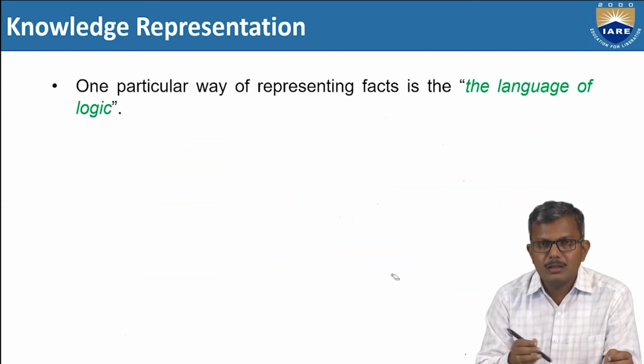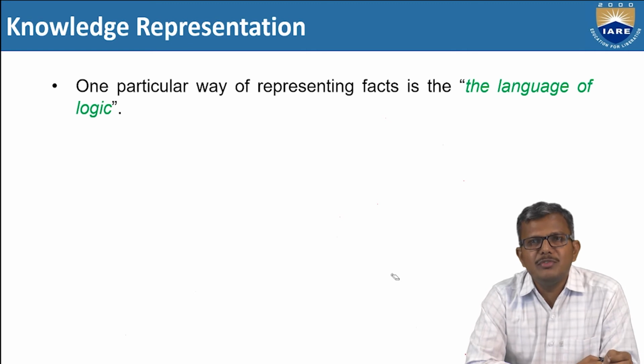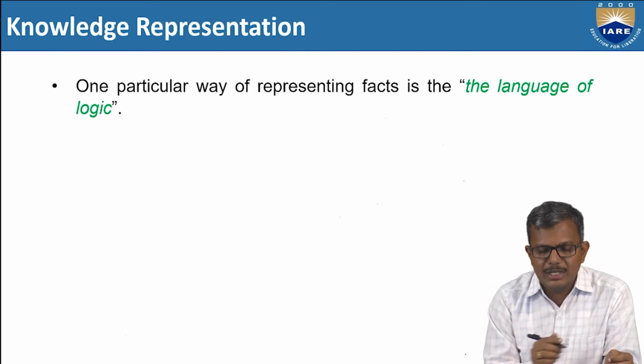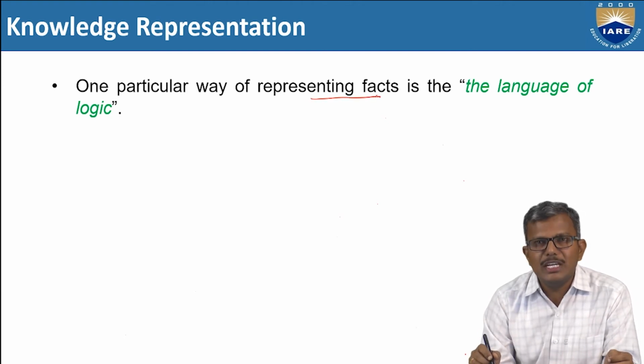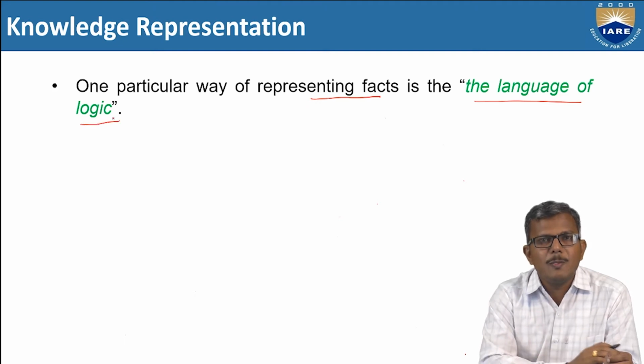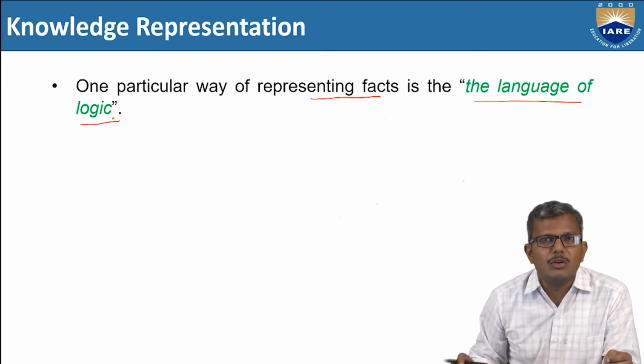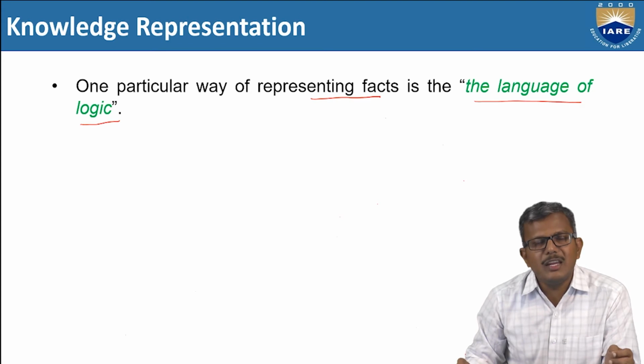So with the help of this complete explanation, and the knowledge we gained up to now, simply we can say that for representing the facts, we need to have a certain kind of language which is called a formal language, and also we say that it is a language of logic. Language of logic means here either it can be propositional logic or predicate logic.